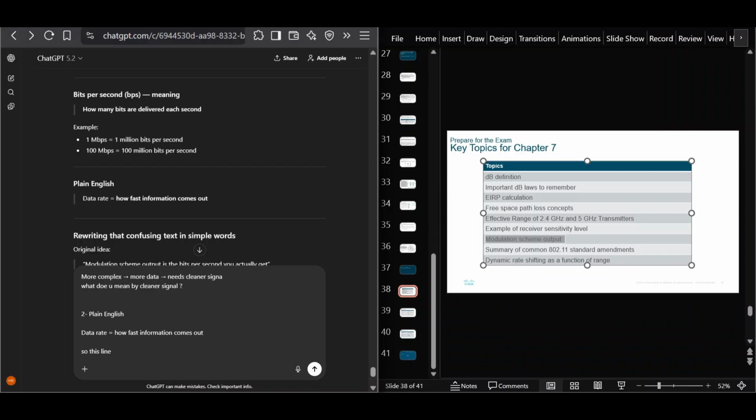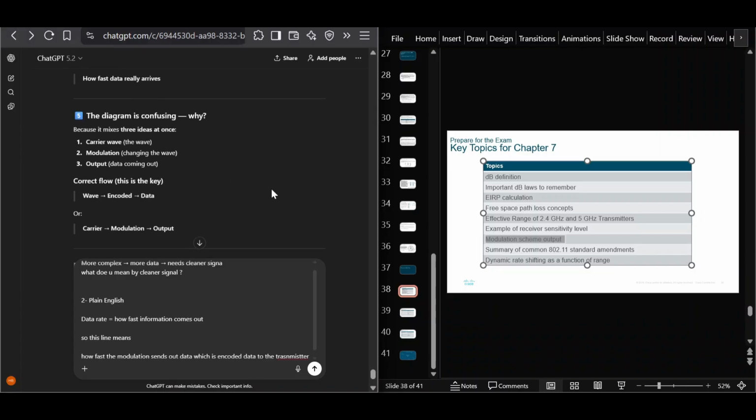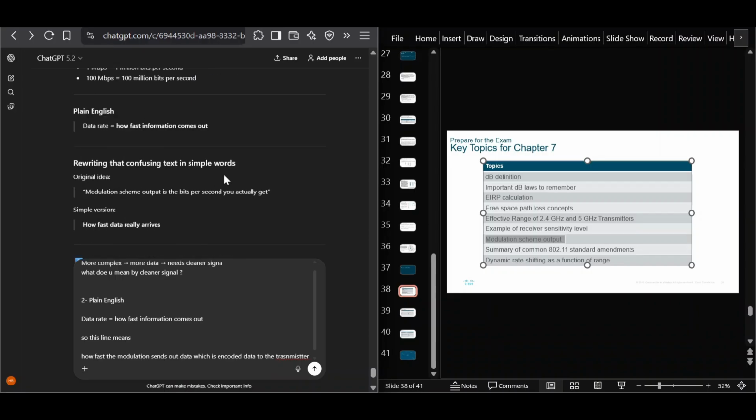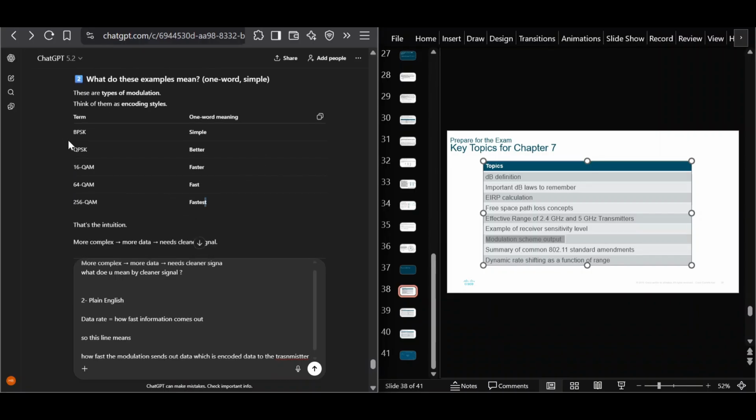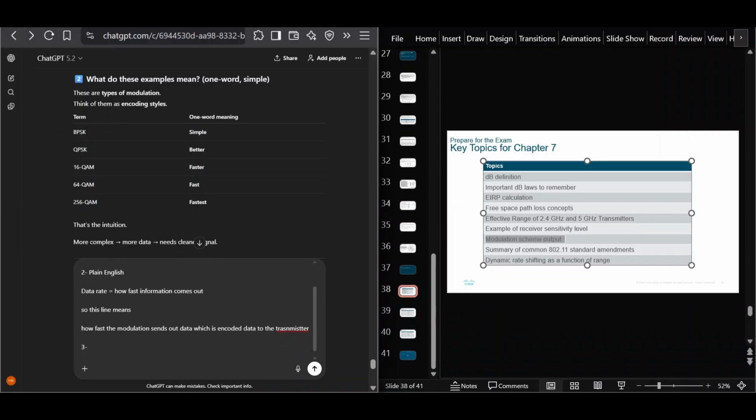So this line means how fast the modulation sends out data to the transmitter. How do I know? It is the full form.